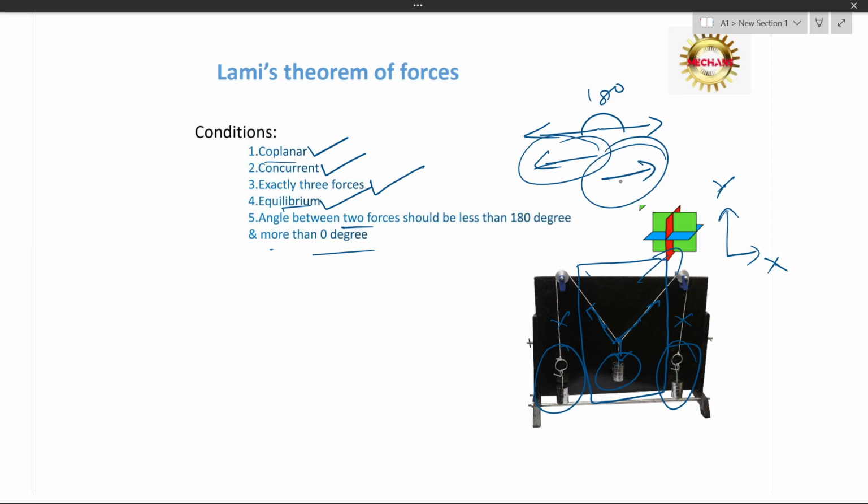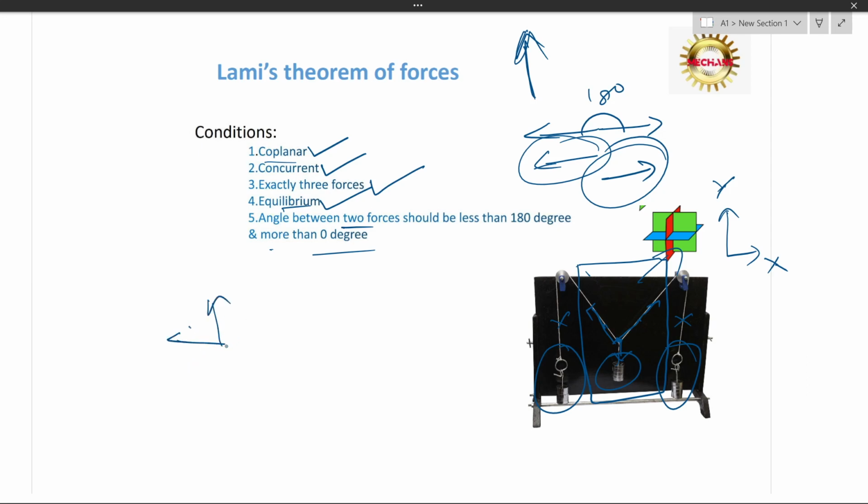If the angle between two forces is 0 degrees, it's nothing but a single force, right? Two forces acting in the same line of action, in the same direction, are considered a single force.